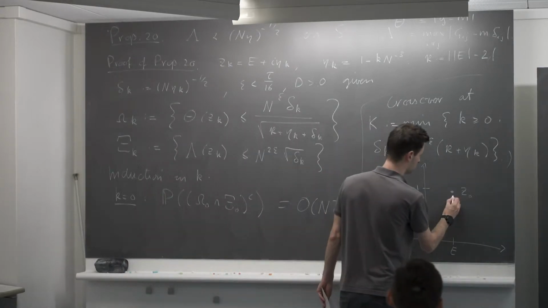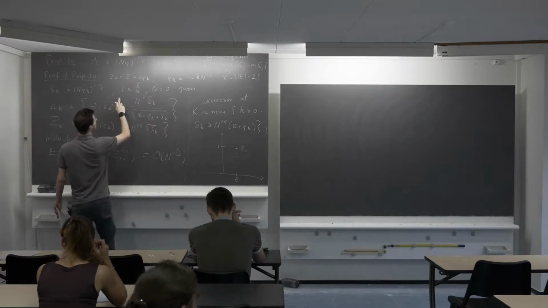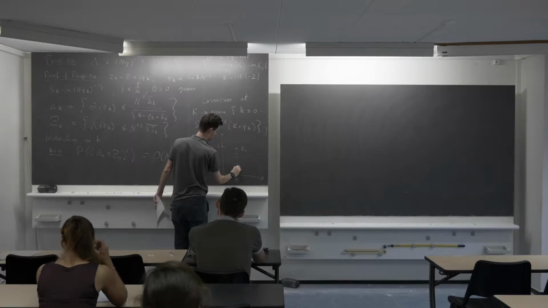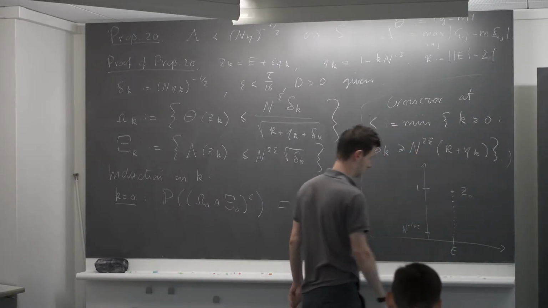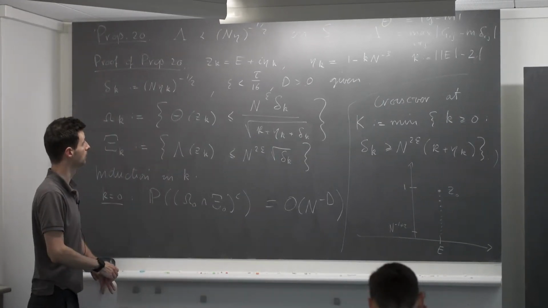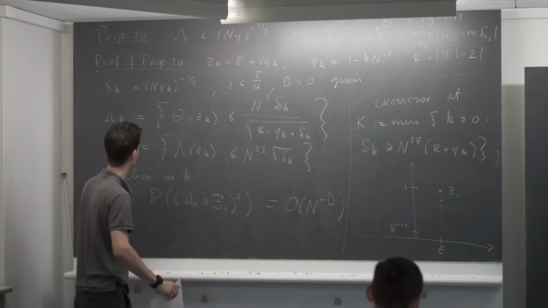And then we go down in tiny steps, in steps of size n to the minus 3, all the way until we reach the scale n to the minus 1 plus tau. So that's our goal. We try to do this by induction, and it works more precisely as follows.